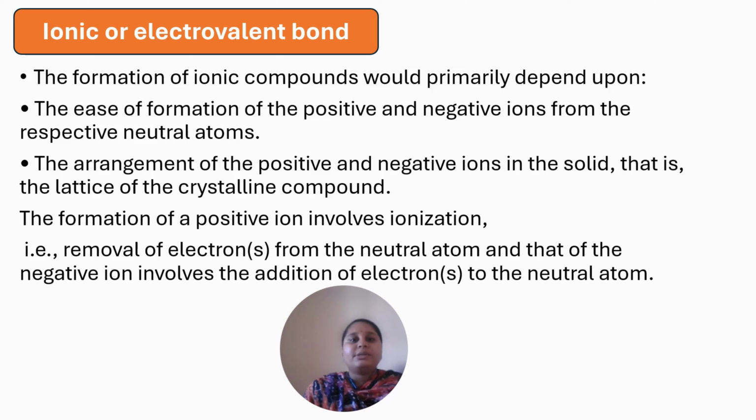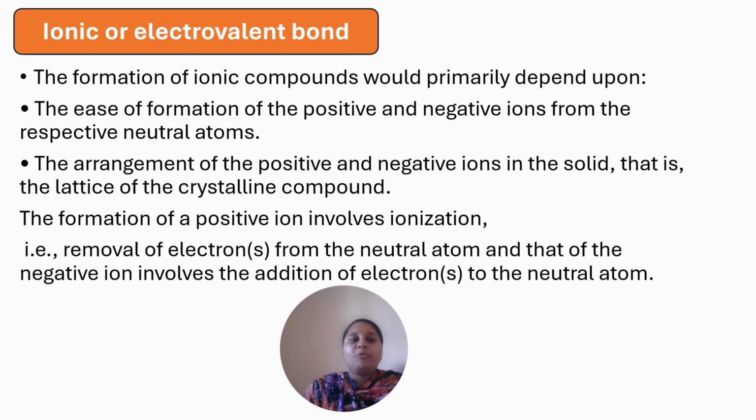The lattice enthalpy of an ionic solid is the energy required to completely separate 1 mole of a solid ionic compound into its gaseous ions.